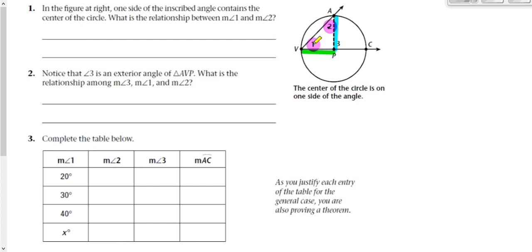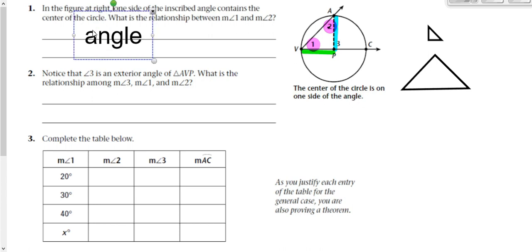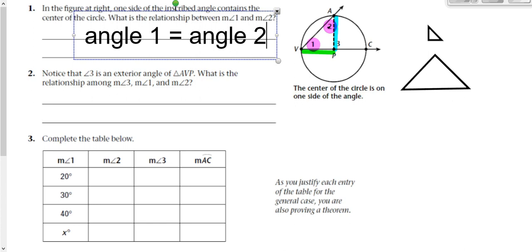If I draw this little triangle right here and rotate it, that's kind of like the triangle that we have there. If we rotate it around here, we'll notice that the base angles are the same in the isosceles triangle. So angle 1 equals angle 2. And now angle 3 is an exterior angle of the triangle.